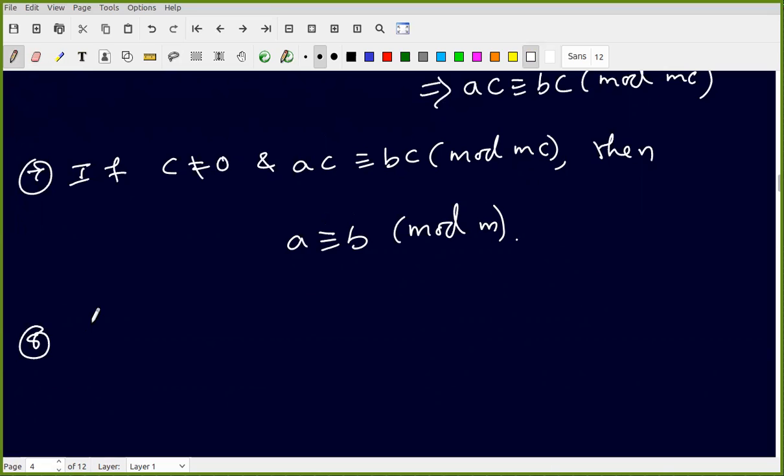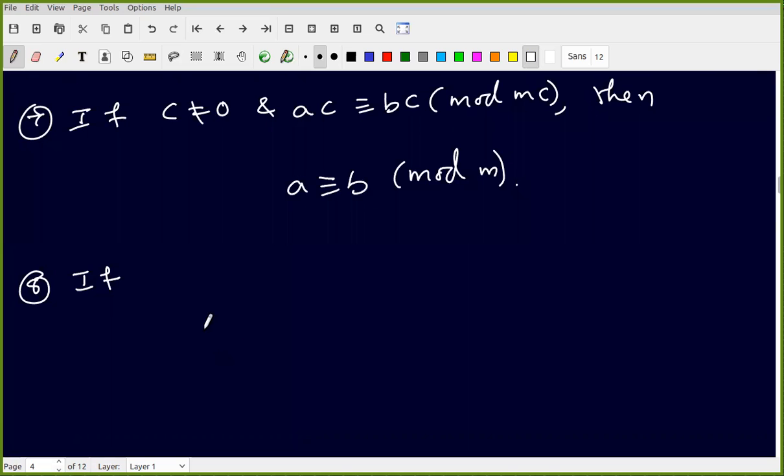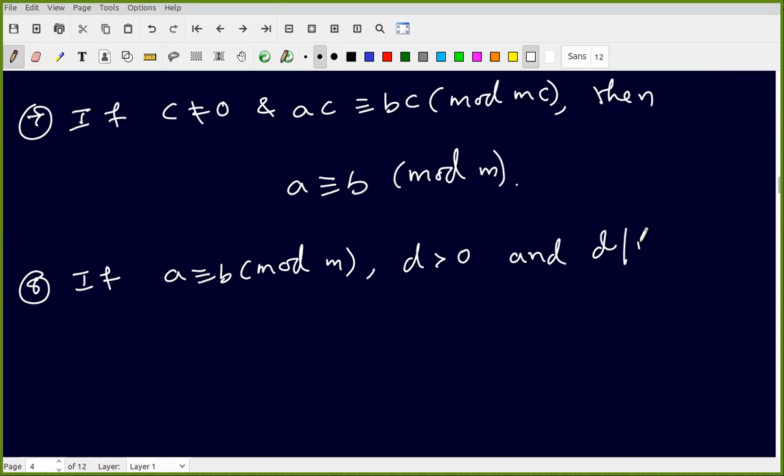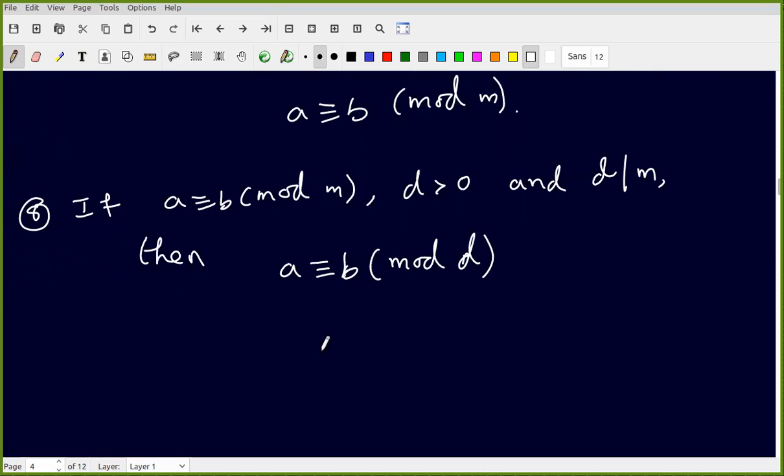And the eighth property: if A is congruent to B modulo M and D is a positive number which divides M, then the modulus M can be replaced by D. This property follows from the transitive property of divisibility.